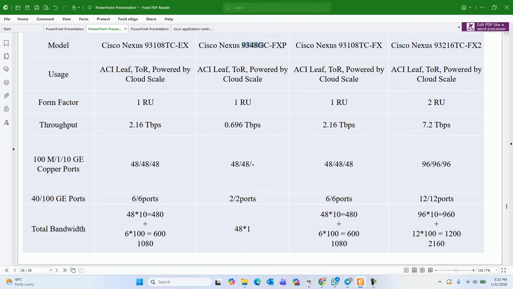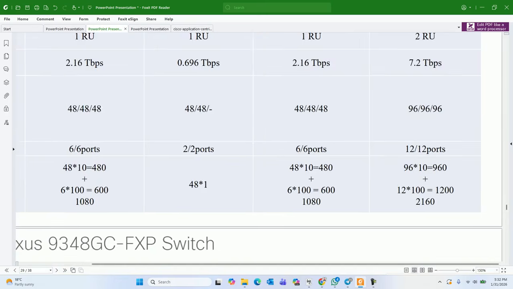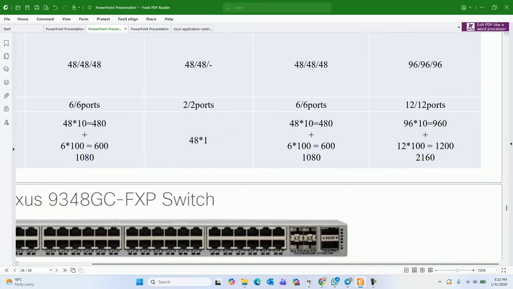Then you have 93216. You can imagine the total throughput is 216. This particular switch has 96 interfaces, each with 10 Gbps, so 960 Gbps, and 12 interfaces as uplinks, so 1200 Gbps.